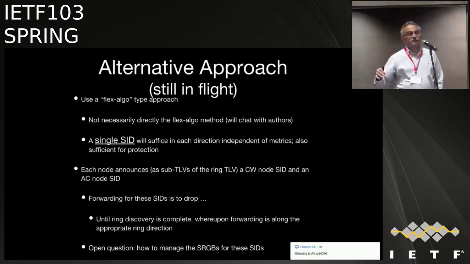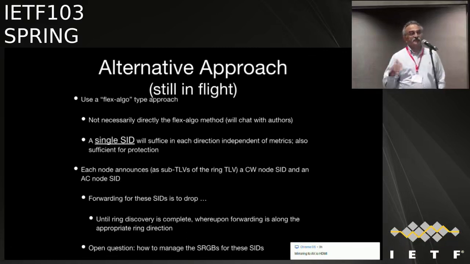So if everyone installs the forwarding in the right direction, I just throw that SID on the stack and the packet is guaranteed to go to the right place in the right direction. Again, if I encounter a failure, I flip it to the SID that goes in the other direction, and I'll end up at the egress without having to worry about the metrics working against me.